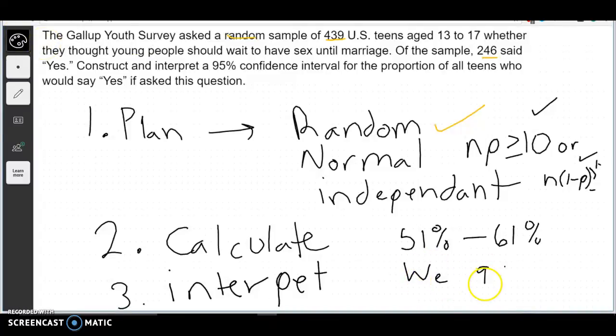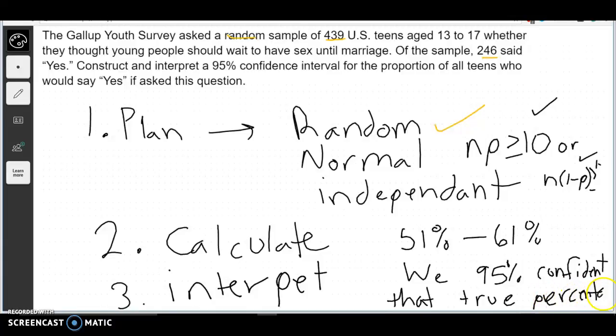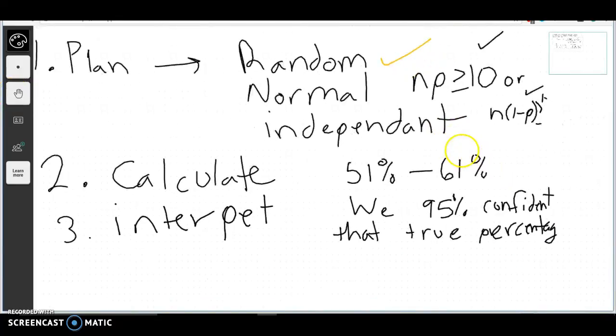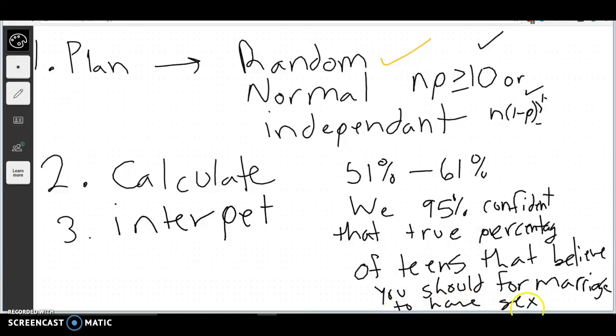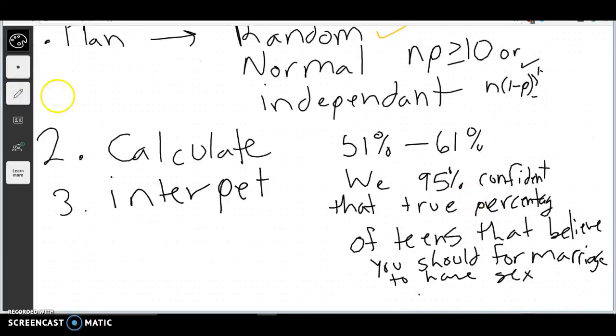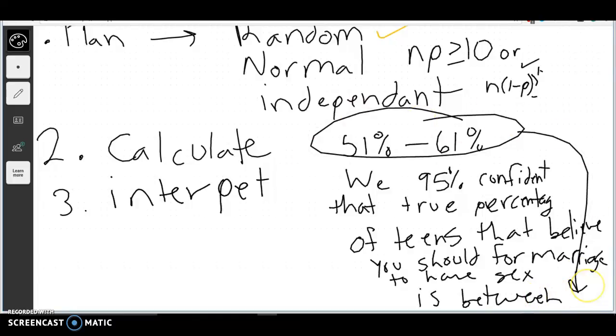We are 95% confident, and I want to use the word confident instead of percent chance, that the true percentage of teens that believe you should wait for marriage to have sex is between this interval. And that's how we'd go about it.